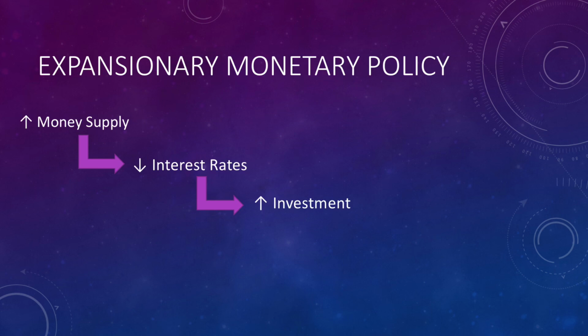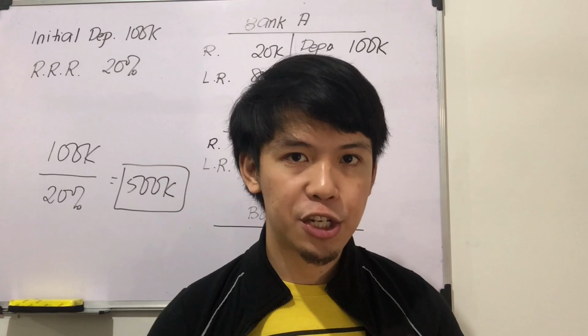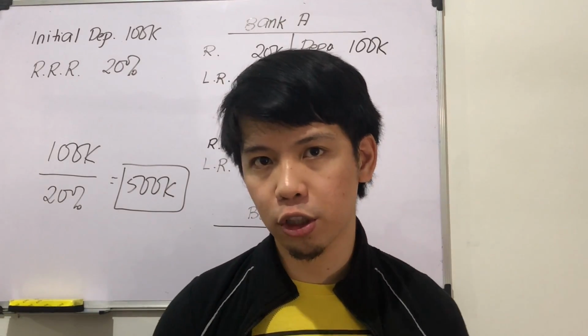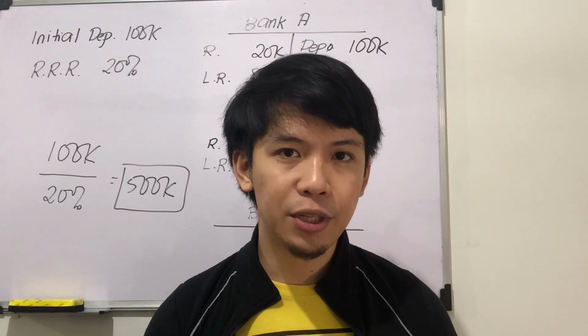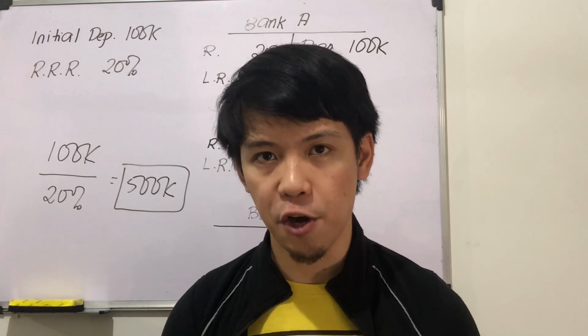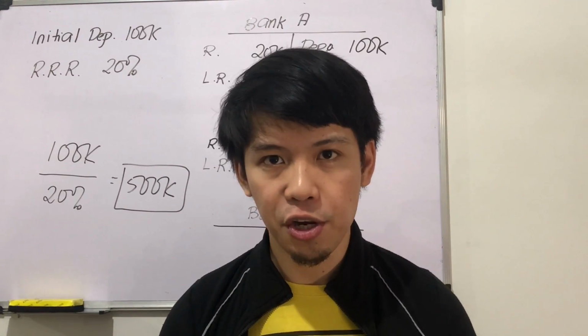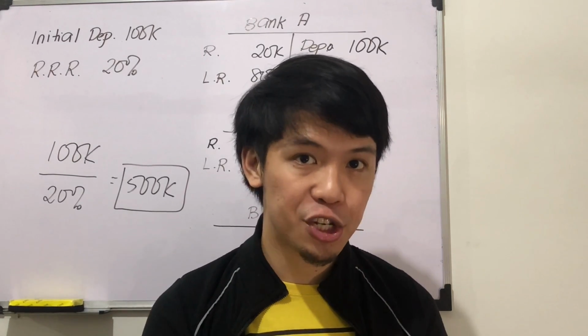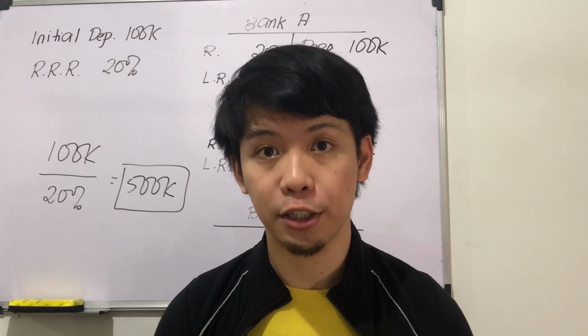If there are more investments, this would increase the aggregate demand through the multiplier effect, thereby increasing the gross domestic product. An expansionary monetary policy, also called easy money, is utilized when the economy is under the threat of a recession. To mitigate recession, we can do expansionary or easy money policy.